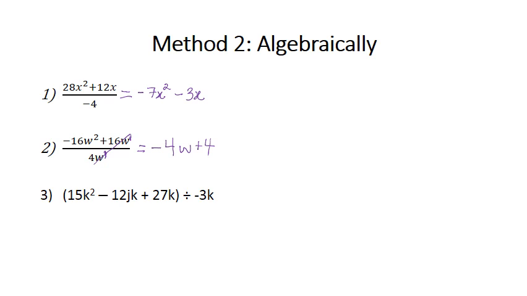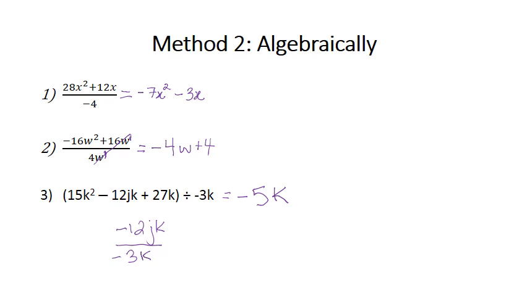Then number 3 is written differently, but it really means the same thing. In this situation, my numerator, the part on top, would be the first one here, and the second term would be my denominator. However, I'm going to do the same thing. So what's 15 divided by negative 3? That's negative 5. And k squared divided by k will give me k. Then I have negative 12jk. I'm going to write that down here: negative 12jk divided by negative 3k.